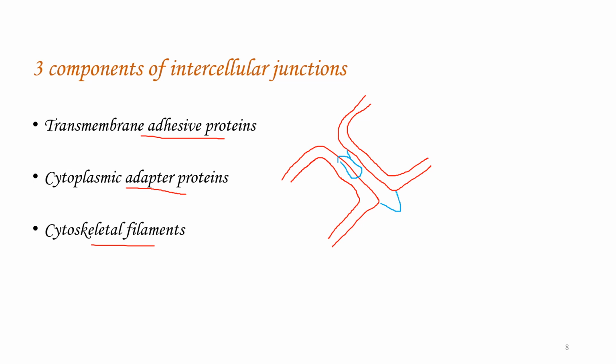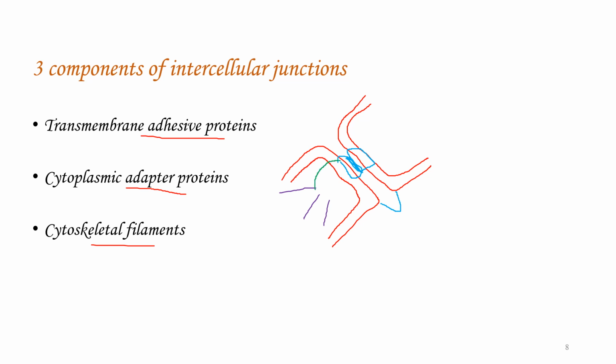In order to form a junction, we need the adjacent transmembrane adhesive protein. So the outer portion of the transmembrane adhesive protein joins the opposite transmembrane adhesive protein and results in formation of a junction. In order to stabilize this, we need the support from the internal aspect of the cell, that is your cytoskeletal filaments. In order to join these, we have the cytoplasmic adapter proteins.